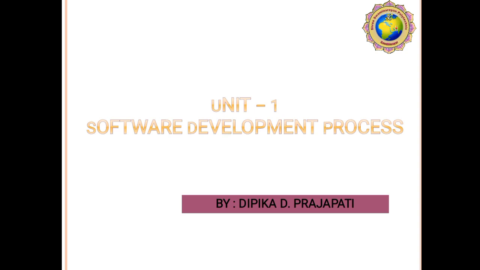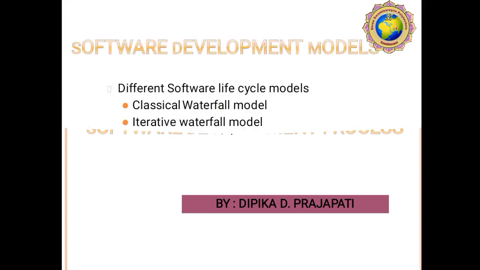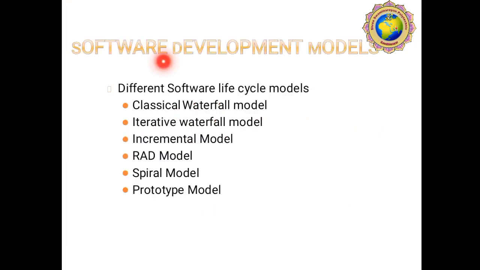What is the software development process and how can it be used? Different types of models like the waterfall model, spiral model, prototype model, and so on. So let's start with the software development models.